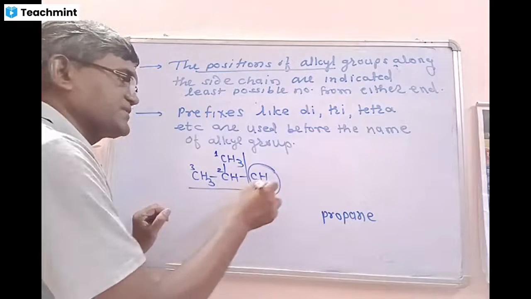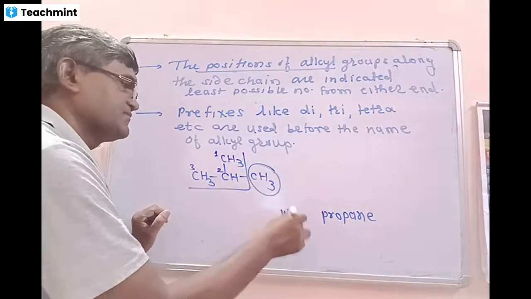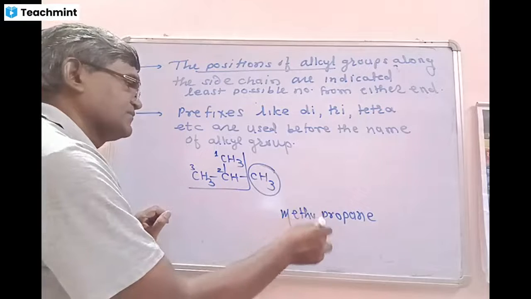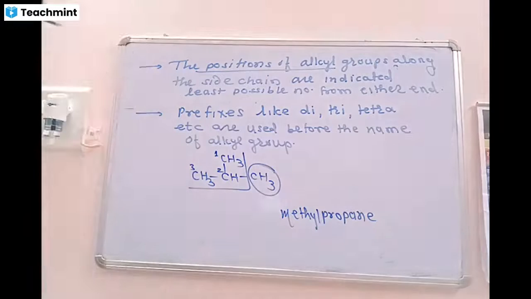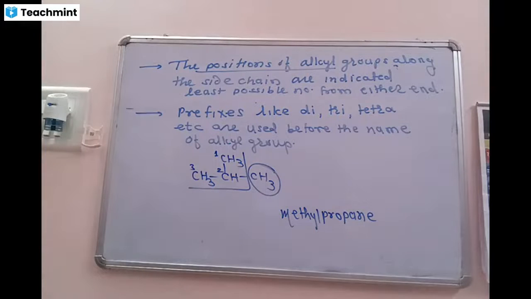Now this group is left along the side chain. So what is the name of this one? CH3? Ethane. No. That is methyl. CH3 dash is what? Methyl. Now this is linked to which number of carbon along the chain?